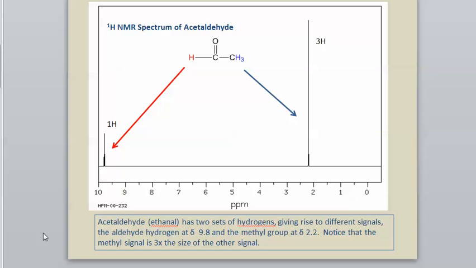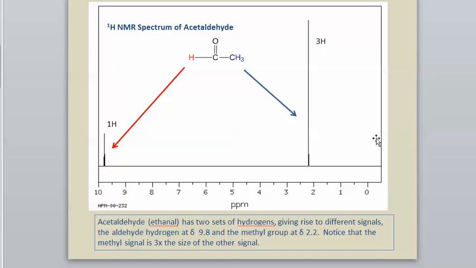Here's another fairly simple case. We've got 2 different kinds of hydrogens here. The red hydrogen is associated with this peak around, looks like 9.7 or so, 9.8. And the blue highlighted hydrogens are associated with this big peak over to the right, centered around 2.2. And what's labeled here, the 3H and the 1H, is telling us the number of hydrogens to associate with each peak.